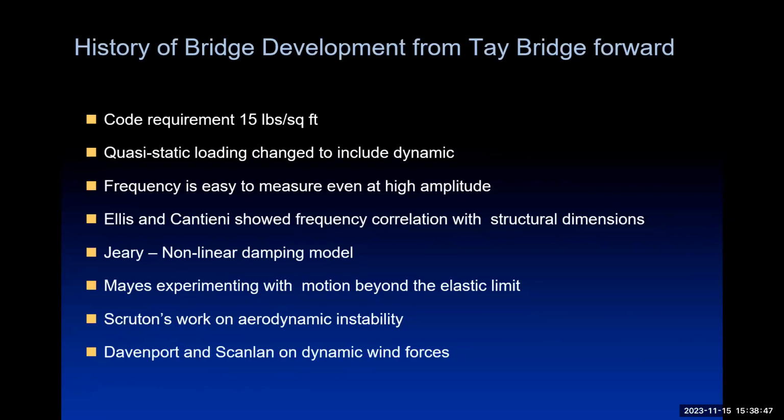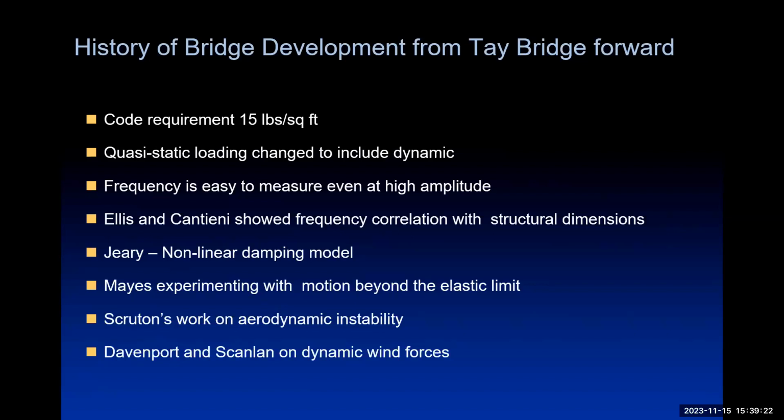We then had nonlinear damping characteristics, which I'll talk more about a little bit later. Ron Mays experimented with motion beyond the elastic limit and looked at how that might be important for buildings and bridges. Kit Scruton at the National Physical Laboratory in the UK worked on aerodynamic instability, and particularly the sort of instability that had caused the Tacoma Narrows disaster.